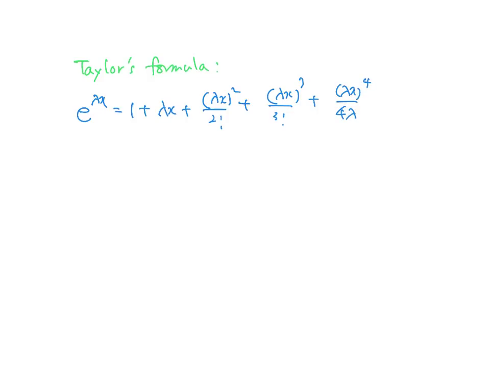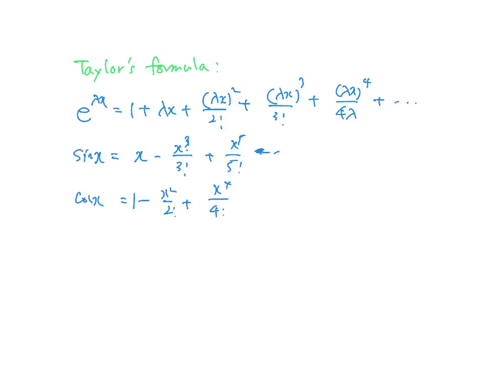Anybody remember this formula? And sine x is x minus x cubed over 3 factorial plus x to the fifth over 5 factorial. Cosine x is 1 minus x squared over 2 factorial plus x to the fourth over 4 factorial. Those are the formulas that you learned in freshman calculus.